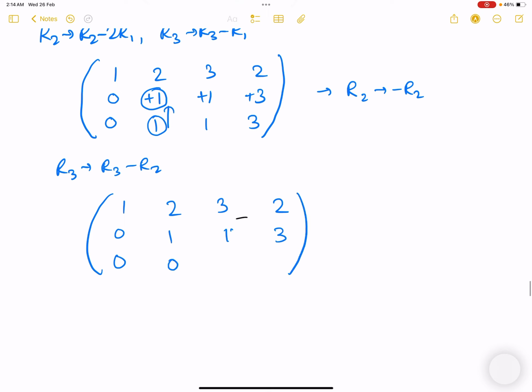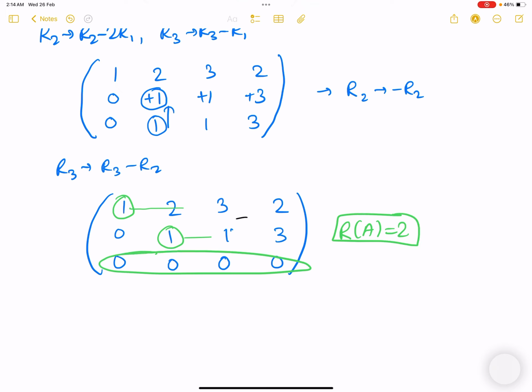This would become 0, this would become 0, this would become 0. So these two rows are linearly independent, so the rank of A would be 2 in this case. And this is a 0 0 term. Had we had a 1 here, then we could have had rank of A equal to 3. But in this particular case, we have rank of A equal to 2.